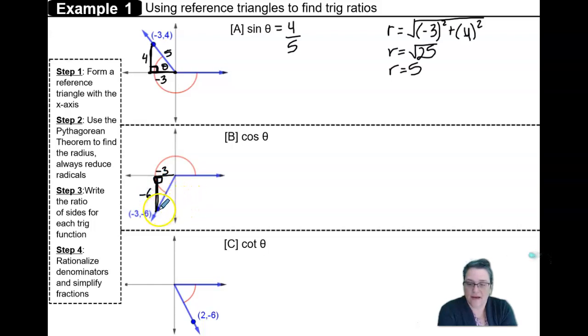And then we need to find the length of the hypotenuse, which would be the radius of the circle that intersects at -3, -6. So r is equal to the square root of the x squared, which is -3 squared, plus the y squared, which is -6 squared.